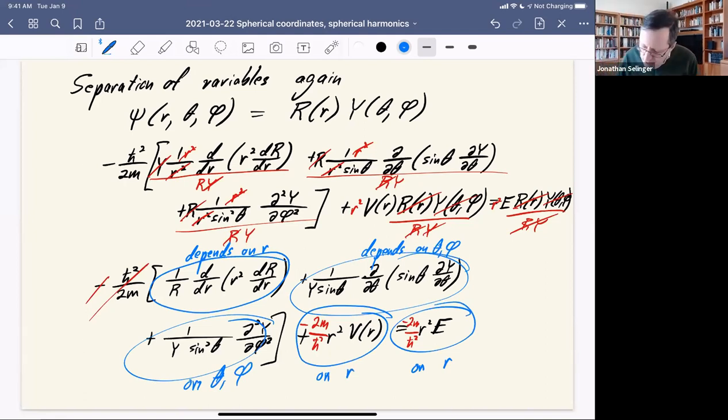So maybe let's put all the things that involve little r on one side of the equation, and all the things that involve theta and phi on the other side.